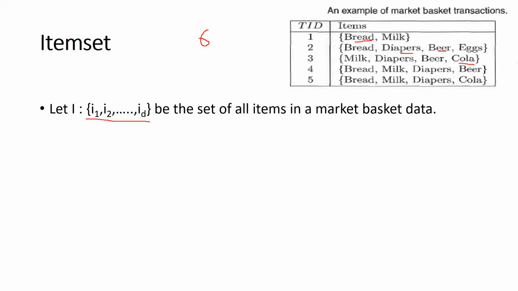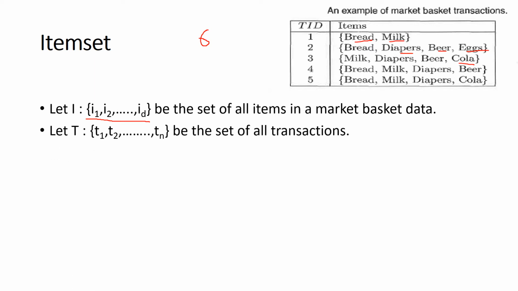We now define the set of transactions. Let T = {T1, T2, and so on up to Tn} be the set of all transactions. In our example, we have 1, 2, 3, 4, and 5 transactions.